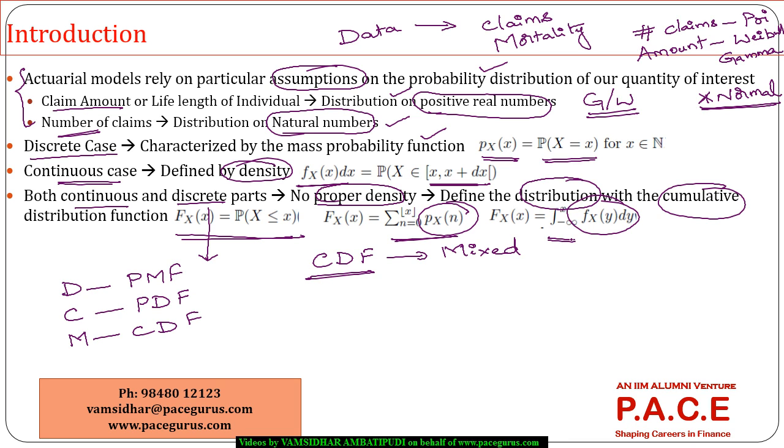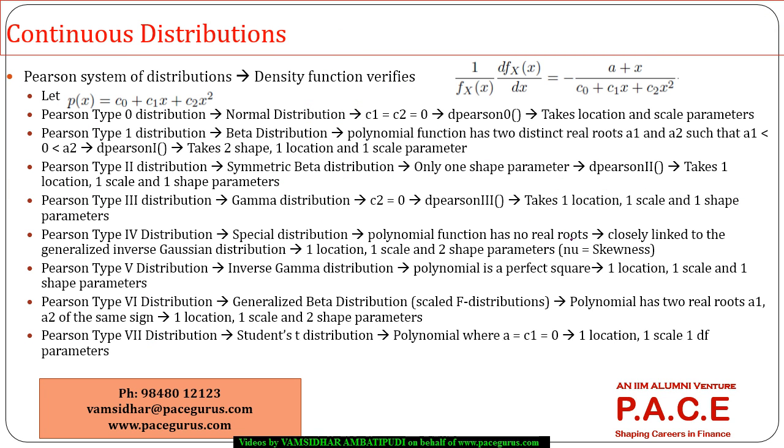So initially we'll get started with the continuous case. Here, in the continuous case, I want to pitch up two different broad types or families. I call them two different families of distributions under the continuous category.